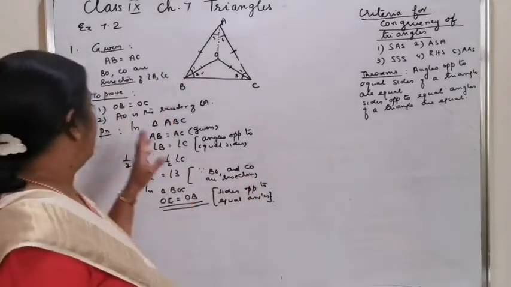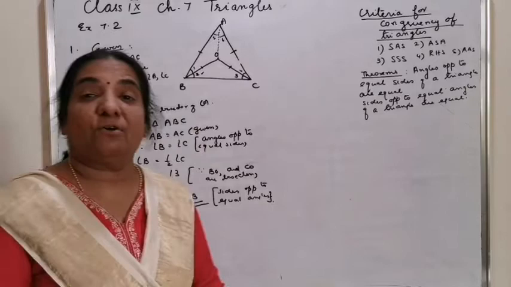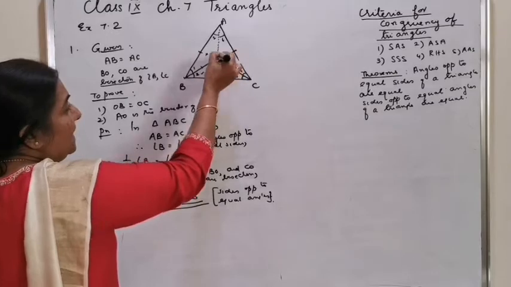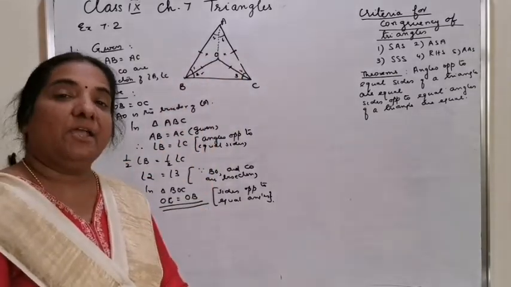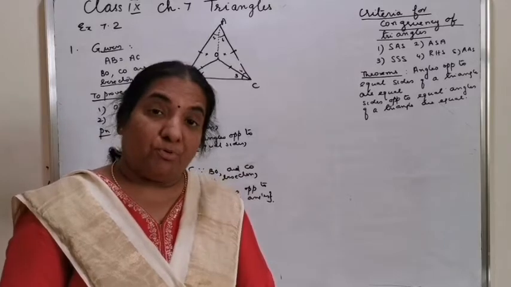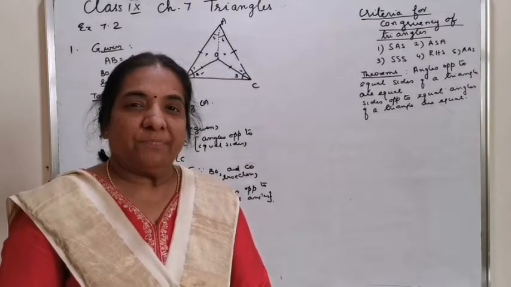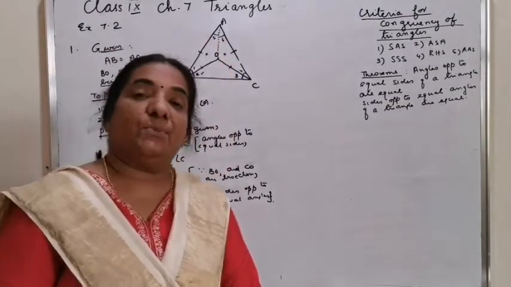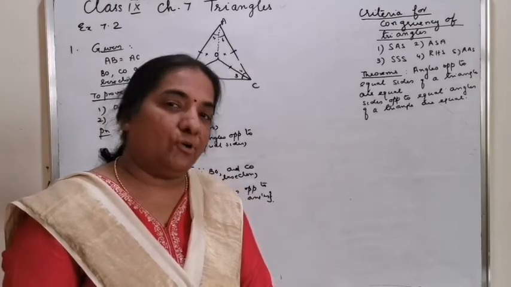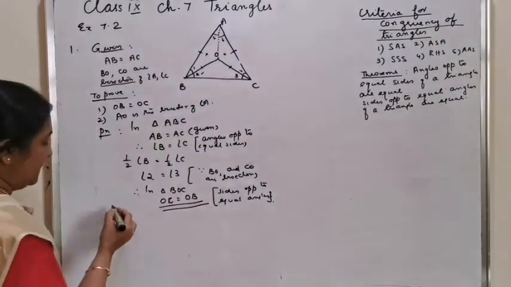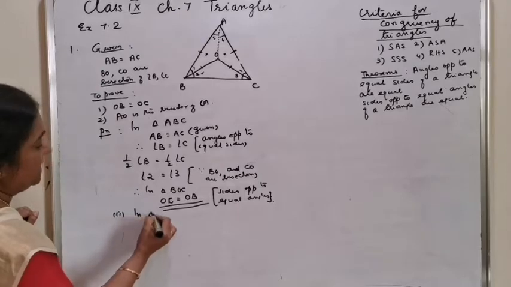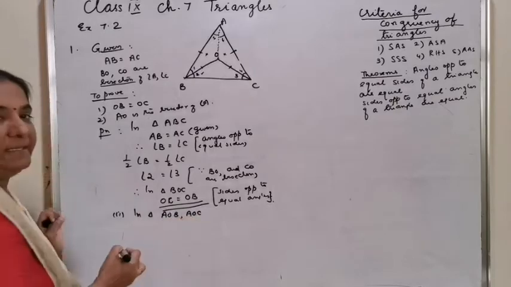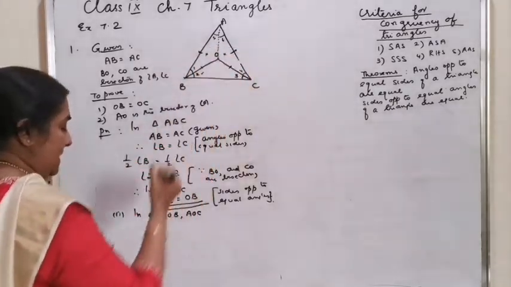What is the second part of the proof? To prove AO is the bisector of angle A. Take the two triangles AOB and AOC. Can you prove them as congruent? Then angle 5 and angle 6 will be corresponding parts of congruent triangles. For the second part, in triangles AOB and AOC, AB equal to AC, given.